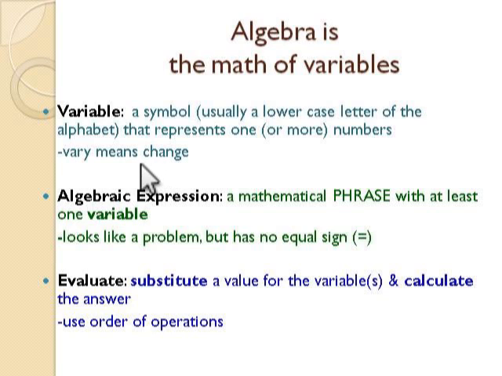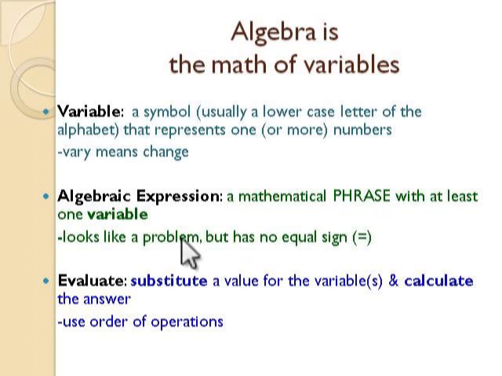Our next vocabulary, algebraic expression. An expression is a mathematical phrase with at least one variable. The word phrase here is just like in English. In English, we have sentences which are complete, and we have phrases which are not complete. So a mathematical phrase is not complete.